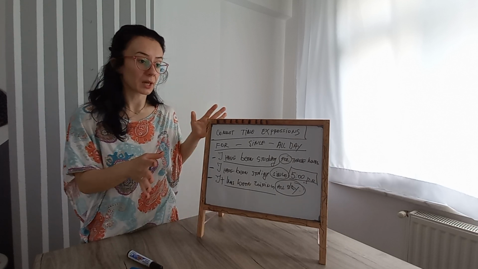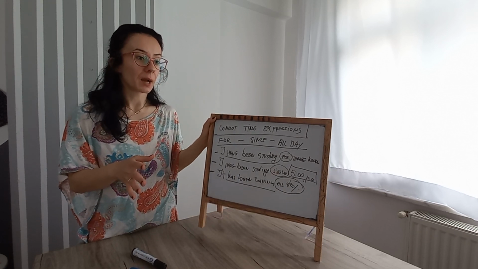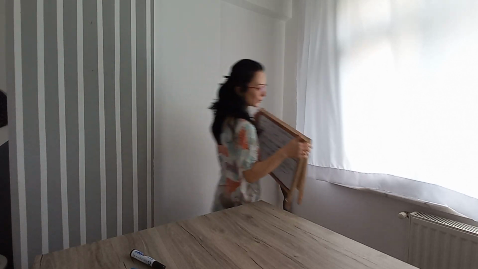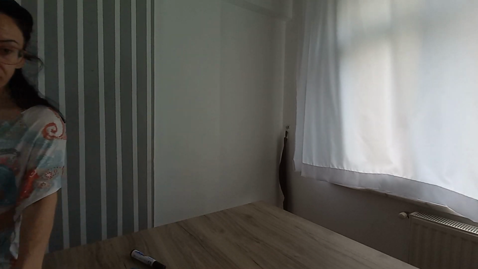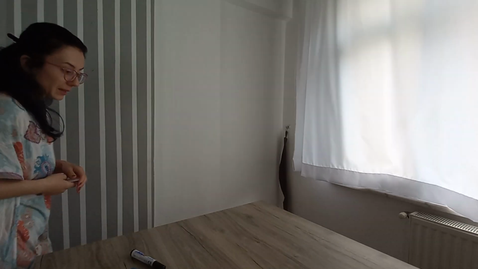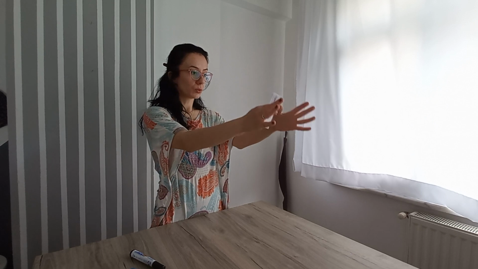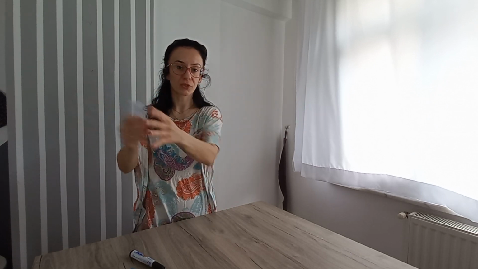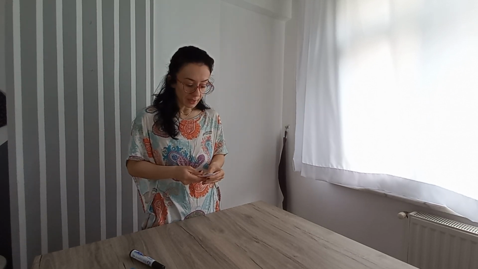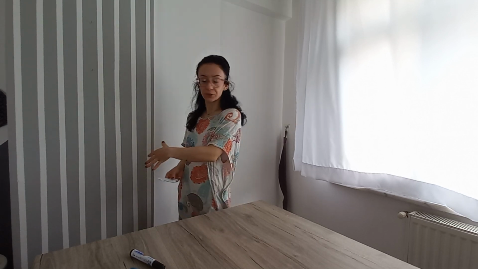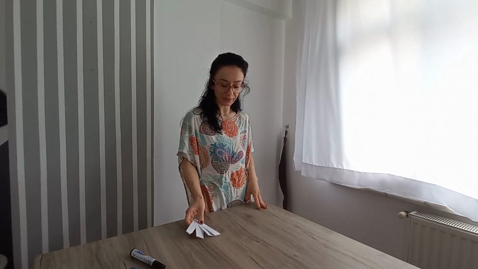And now I have a miming game for you. I have cards for you here. I want you 3 to be team A and you 3 to be team B. You will have one representative who will come here to the board with me, and he or she will choose a card and use mime.